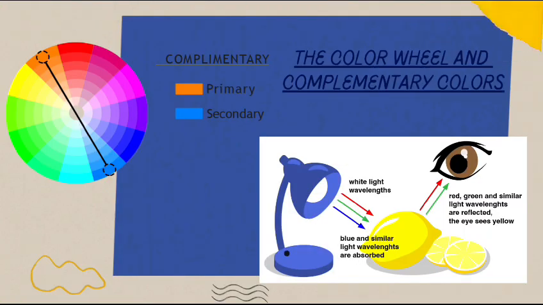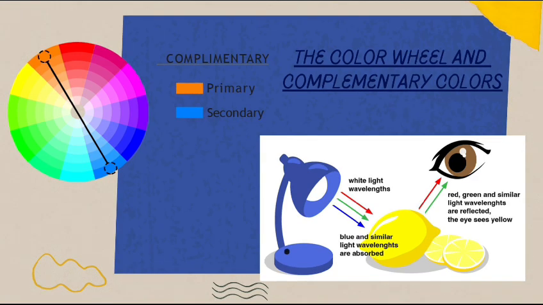To understand subtractive synthesis better, let's talk about the color wheel. If a material absorbs a single color, the color we see is its complementary color, which is directly opposite on the color wheel. This happens because the color that is not absorbed is reflected back to us. For instance, if a pigment absorbs blue light, it will appear yellow to us because yellow is the complementary color of blue.